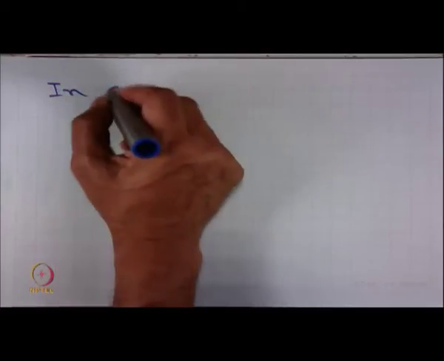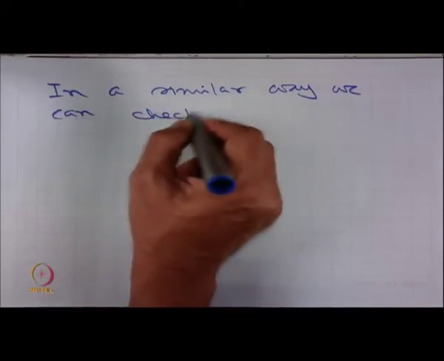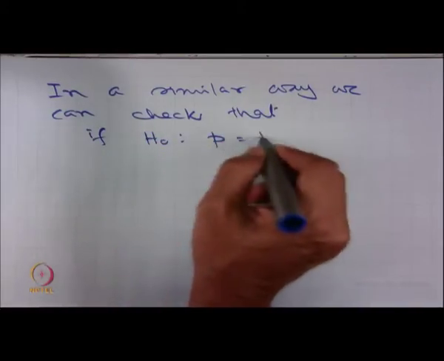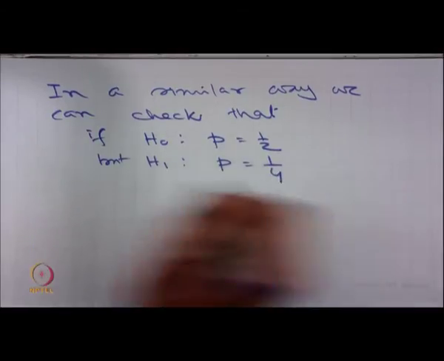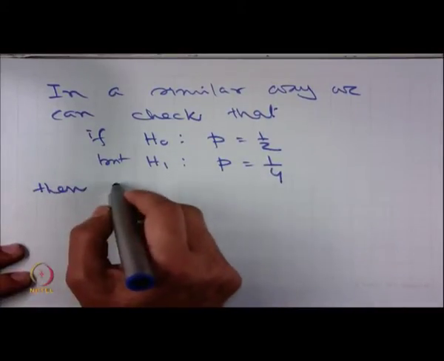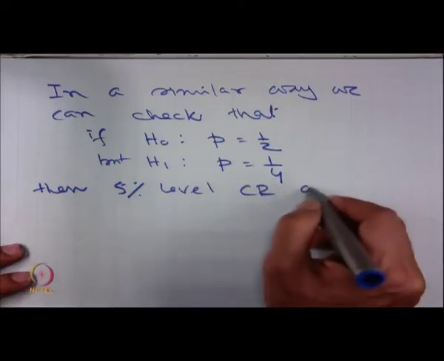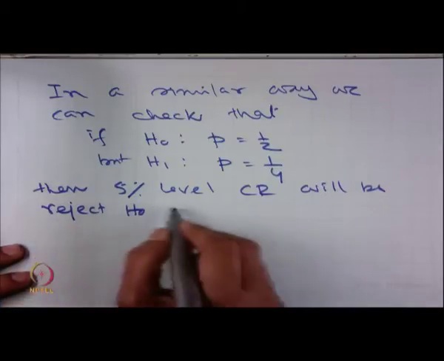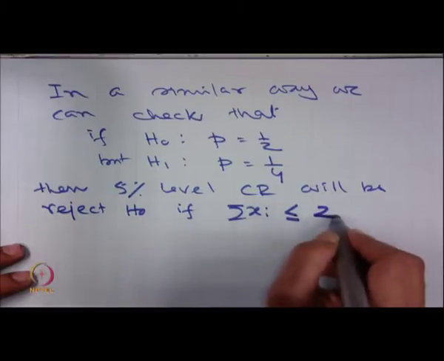In a similar way, we can check that if H naught is p equal to half, but H1 is p equal to 1/4, then the 5% level critical region will be: reject H naught if sigma xi is less than or equal to 2.